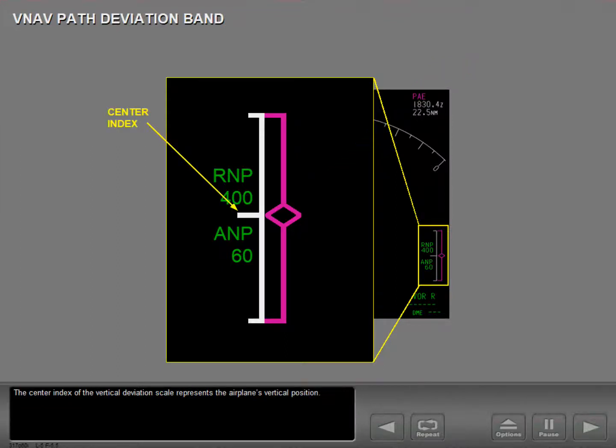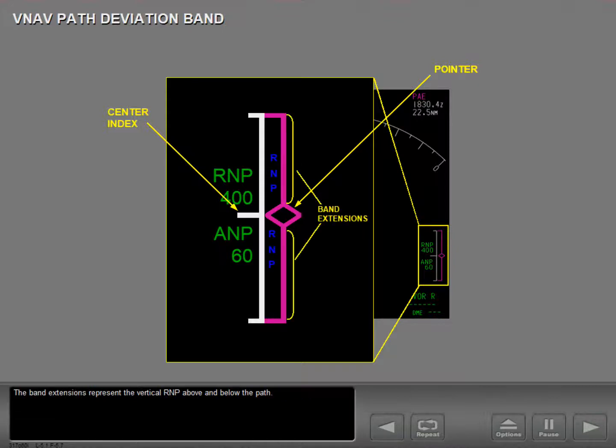The center index of the vertical deviation scale represents the airplane's vertical position. The pointer of the VNAV path deviation band represents the FMC calculated VNAV path position. The band extensions represent the vertical RNP above and below the path.